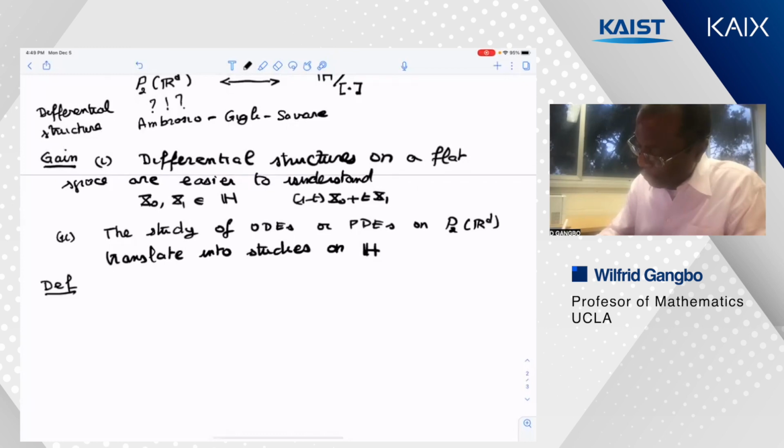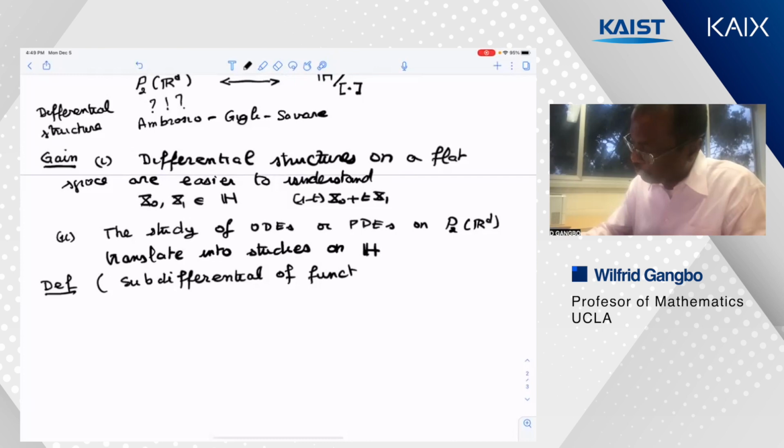Definition: I want to recall what the subdifferential of a function on the Hilbert space is. So let U hat be a function from H to R, and let S naught be in H.